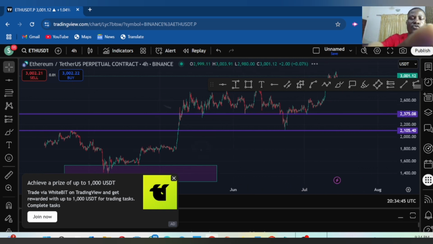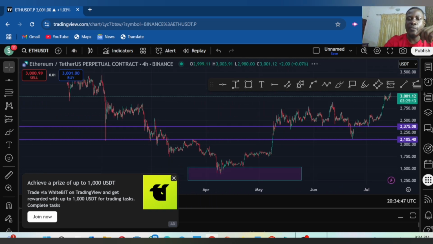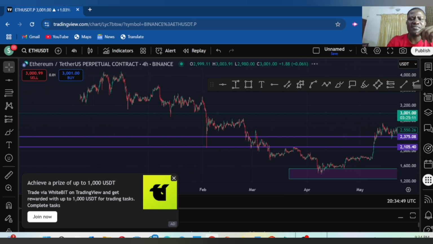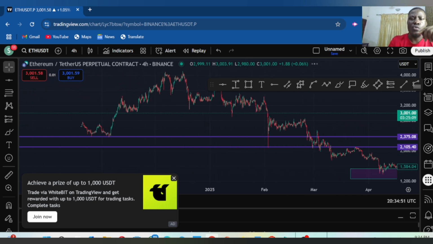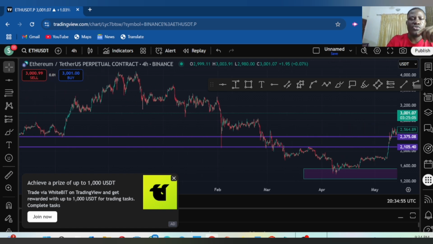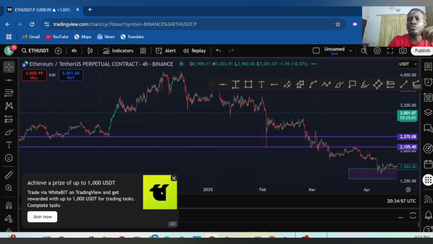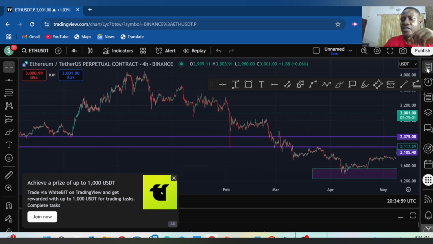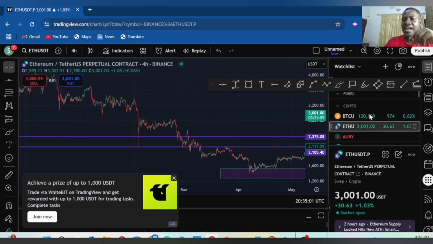Now if you go back and backtest, you will see various zones where support levels exist. If you want to open another chart, go over to your watchlist here and open as many charts as you like.